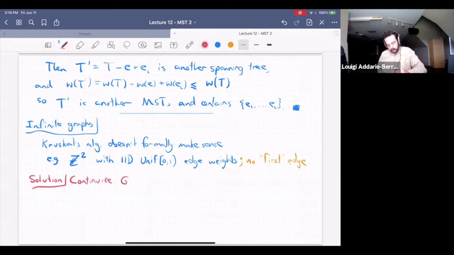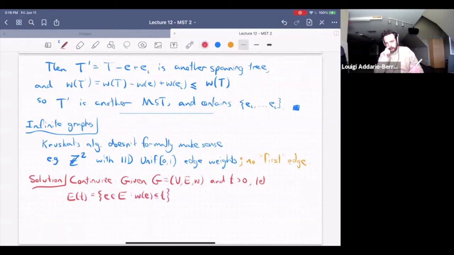So if we're given our weighted graph, which now might be infinite, and some positive t, let's write E_t for the set of edges of weight at most t, and E_t^- for the set of edges of weight less than t.